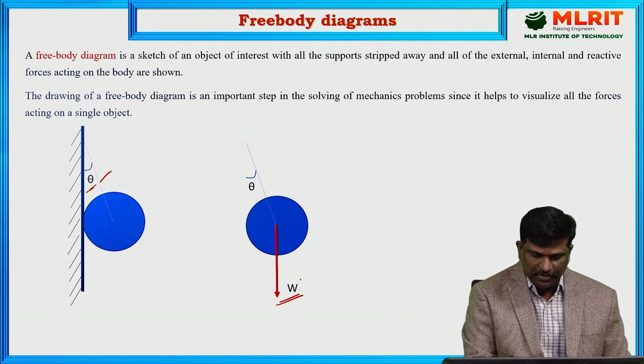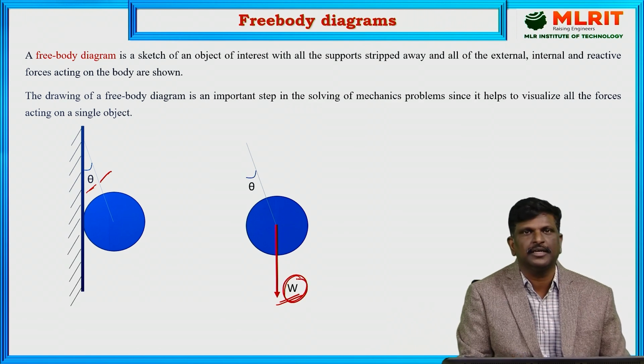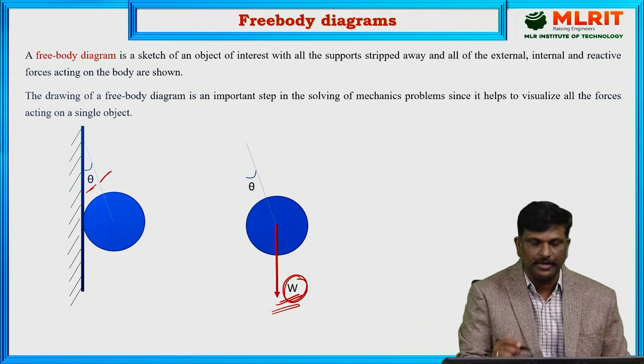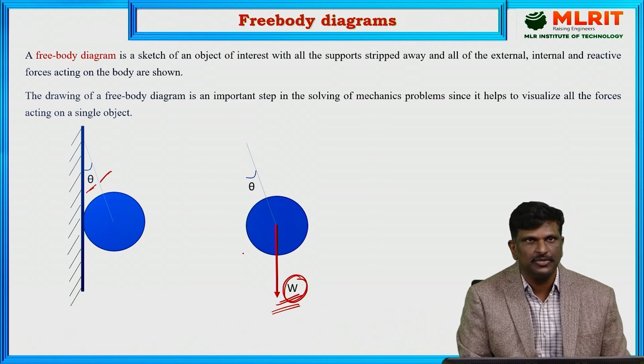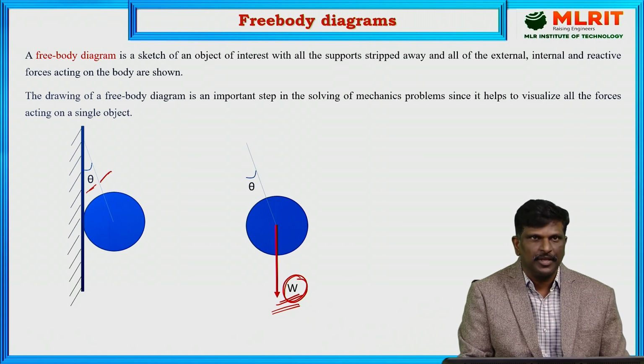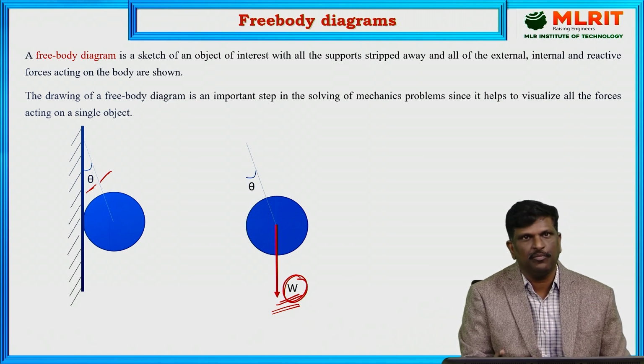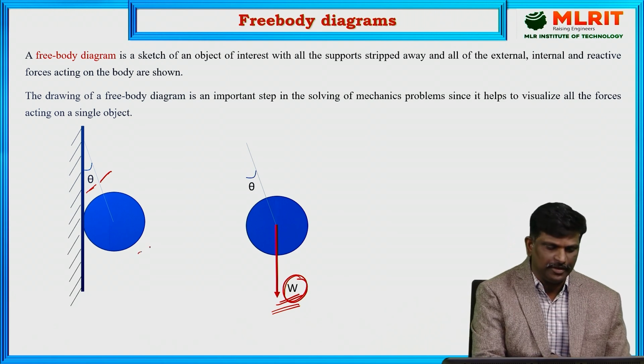The weight of the body is acting vertically downward, and if the wall is removed, it is not possible to keep the body in this position. The wall is supporting the body to keep it in the position as shown in the figure.